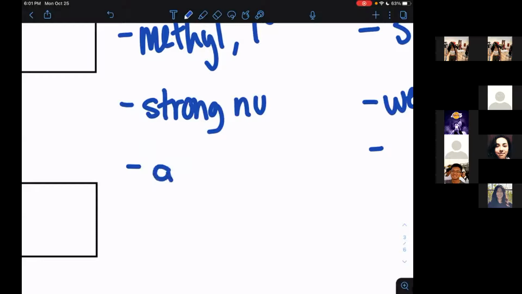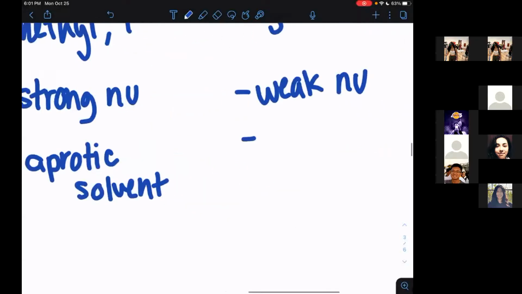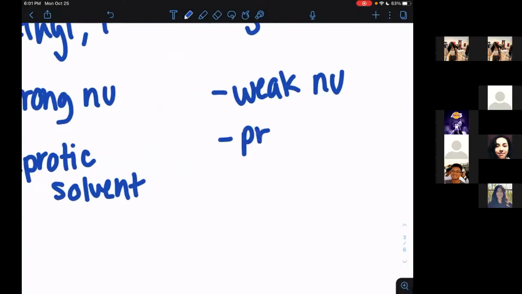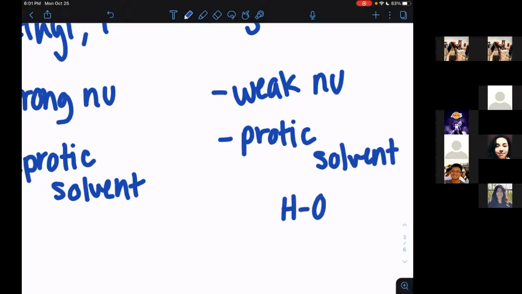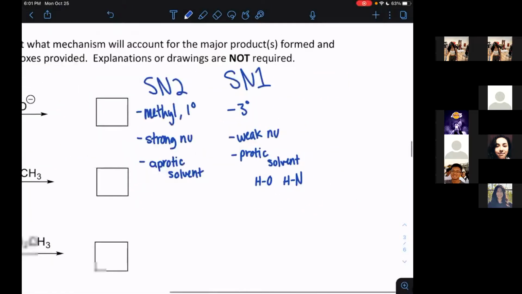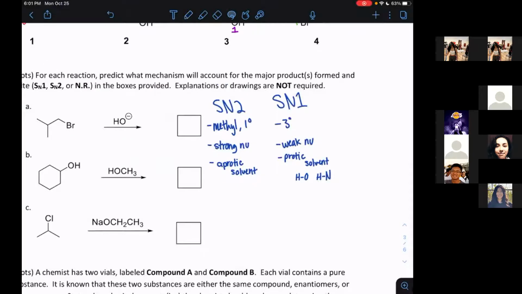SN2 wants an aprotic solvent, and SN1 needs a protic solvent, which means hydrogen bonded to oxygen or hydrogen bonded to nitrogen. So yes.